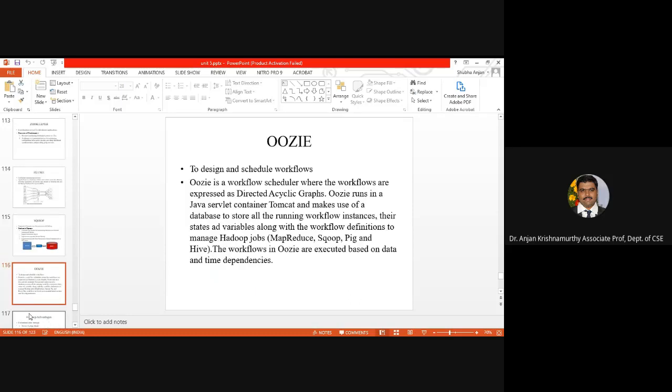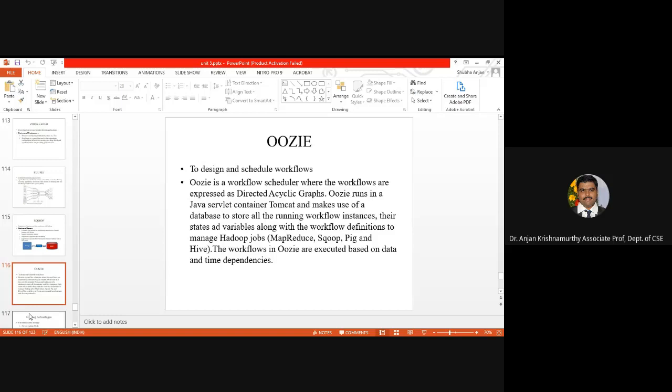Then you have a framework called Oozie. This particular framework is basically used to design and schedule workflows. It is basically a scheduler. Oozie expresses the workflow as a directed acyclic graph, and it runs on a Java servlet container containing a Tomcat server, and makes use of the database stores for the running workflow instances.